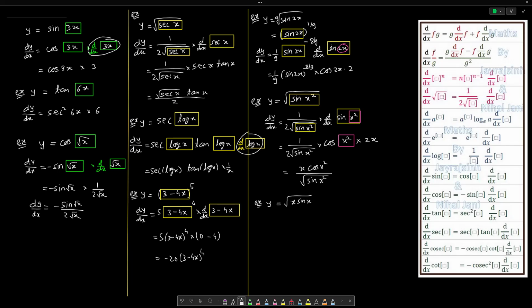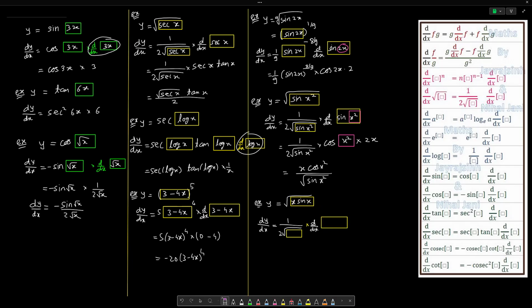Tell me, what will we do? Yes, the outermost function is root, so we'll consider x sin x as the inner function. Again dy by dx will be the differentiation of only root box, and that is 1 upon 2 root box into differentiation of box.